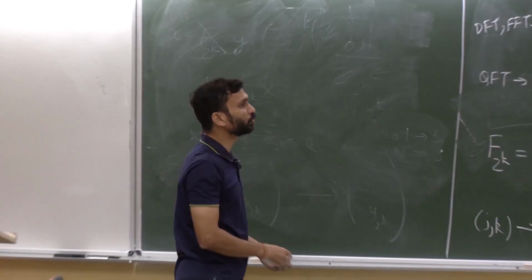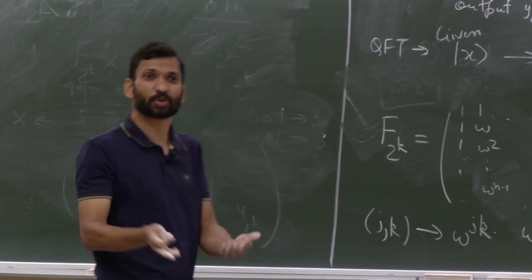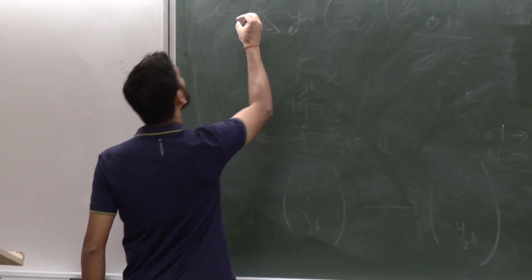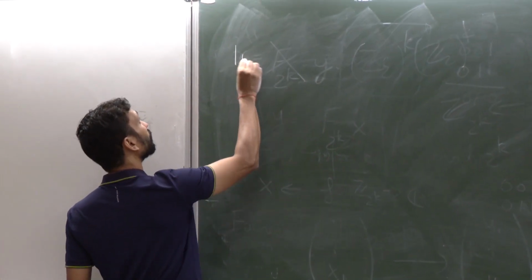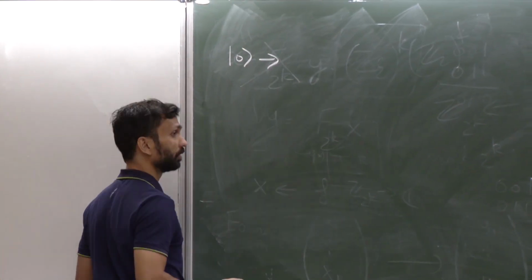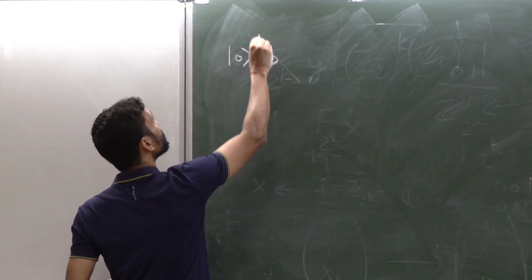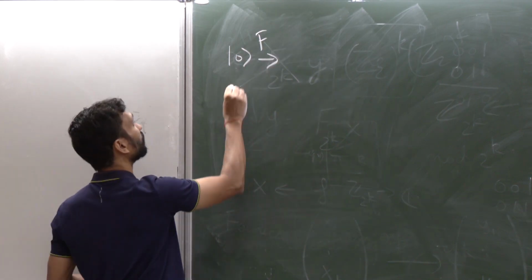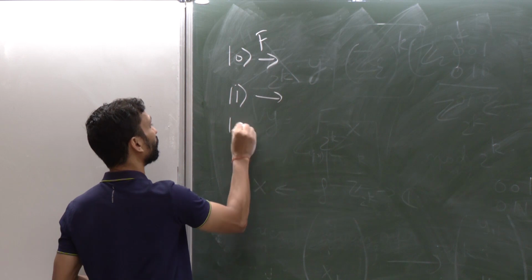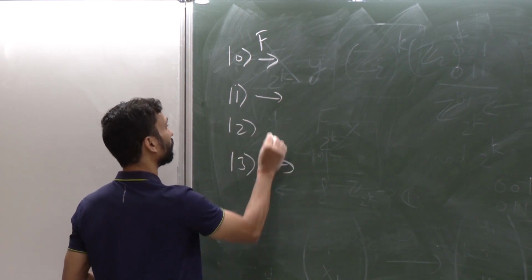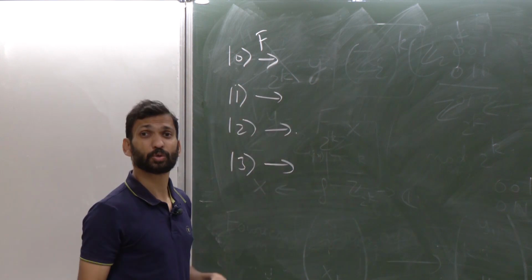Again, this is what you have to do in research: try all these simple cases and hope some pattern emerges. So then, under F, 0 will go to, so what will this go to?